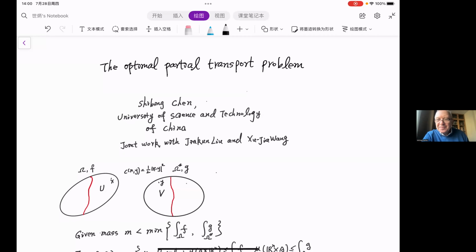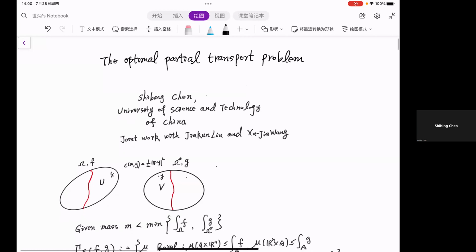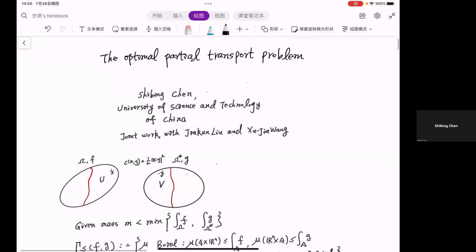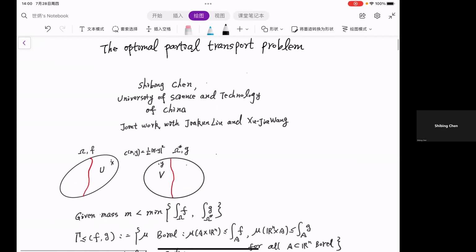Thanks to the organizer for the very kind invitation, and also thanks Michael for the introduction. So I will talk about the theory of the optimal partial transport problem, which is based on joint work with Jiakun and Xujia Wang from Australia.